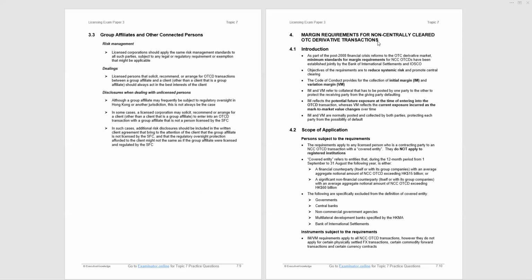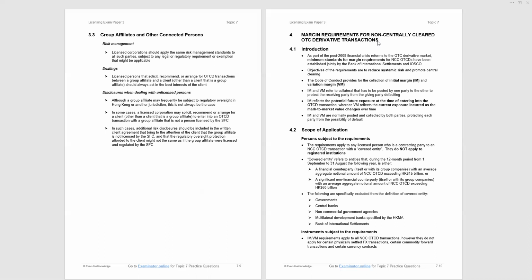So we're talking about a lot of money, or a significant non-financial counterparty with an average aggregate notional amount of the OTC derivative position exceeding 60 billion. So 15 billion Hong Kong dollars, 60 billion. I'd be surprised if they examine the monetary amounts.